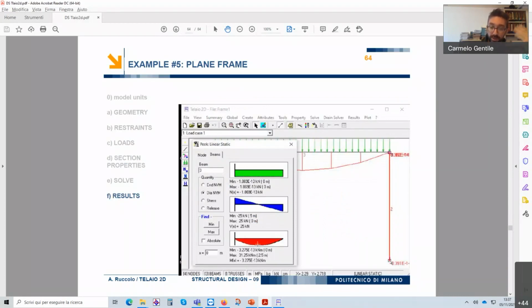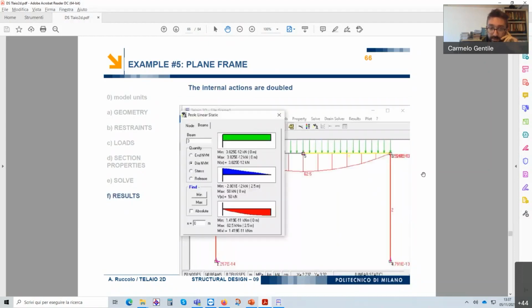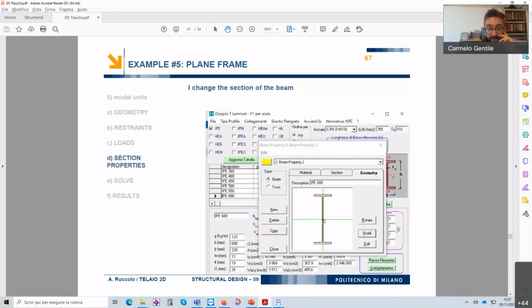If you double the load, also the internal forces and all the displacements will double if we are in a static elastic computation. Okay, everything here is doubled from what we saw before.